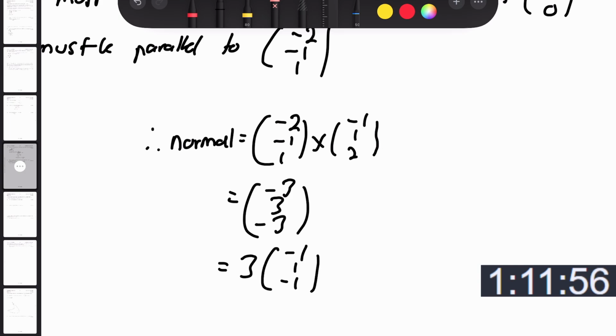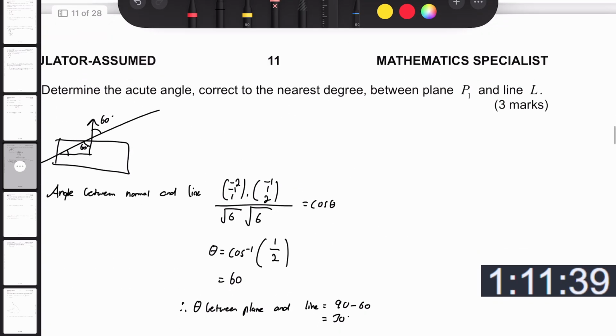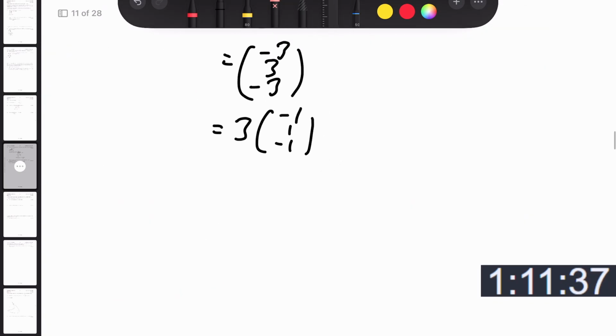Let's make sure I did that right. Vector cross product of -2, -1, 1 and -1, 1, 2. -3. Yep, okay.